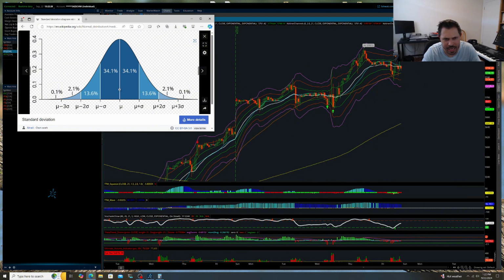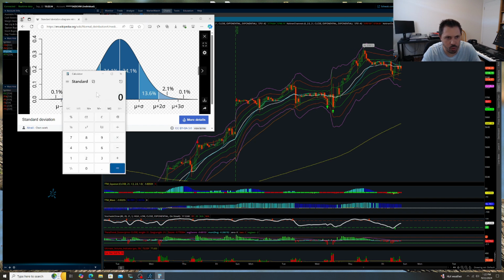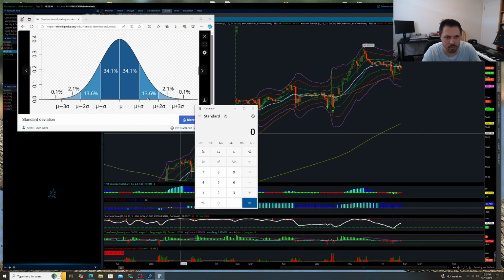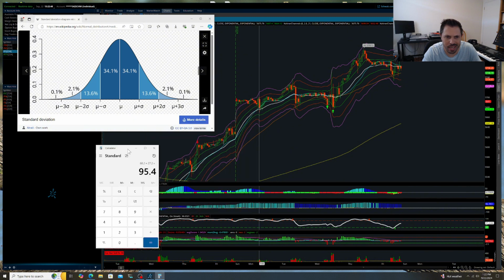Now, 68.2% of the time, the markets are going to be in here. And when we take 68.2 plus 27.2, so 95% of the time, the markets are going to be inside of this area.